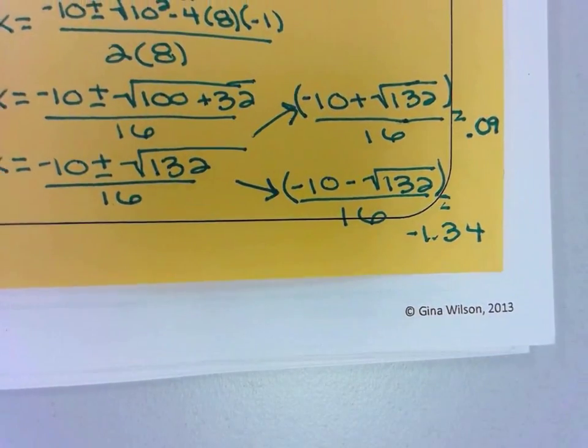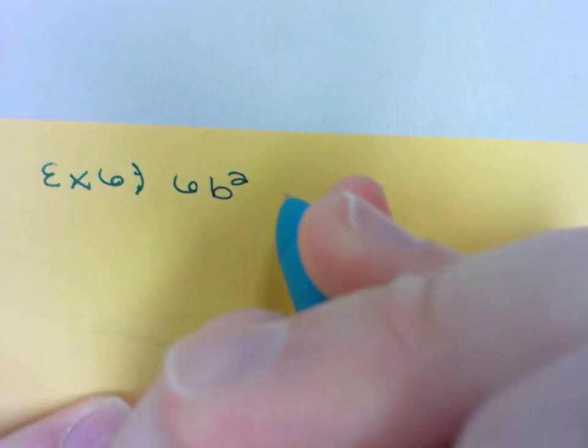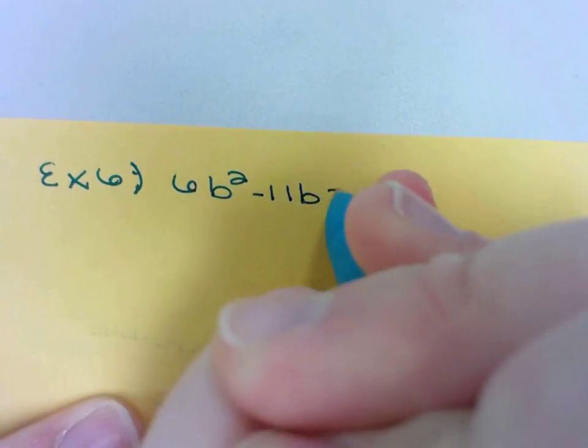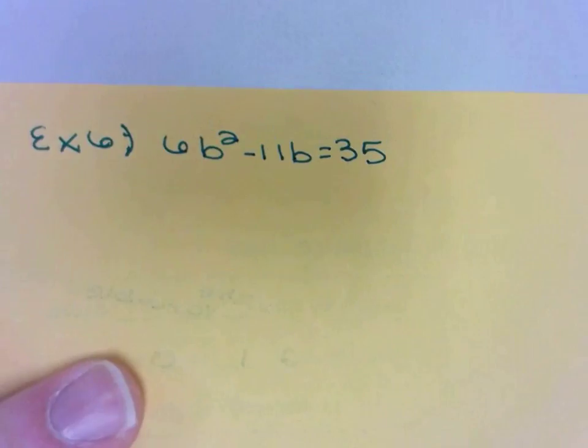I'm going to do example 6 on the back. So it looks like this: 6b squared minus 11b equals 35. Do quadratic, or square root?